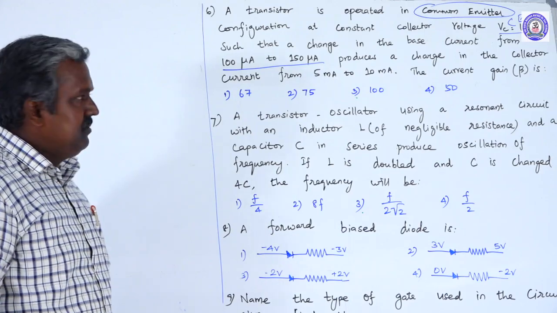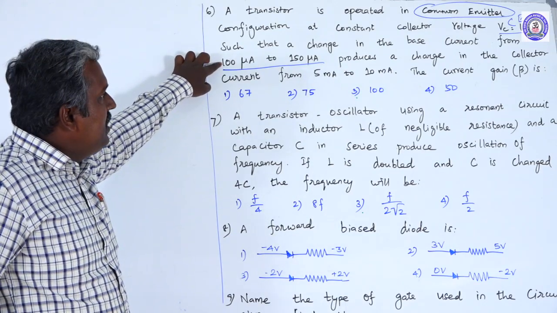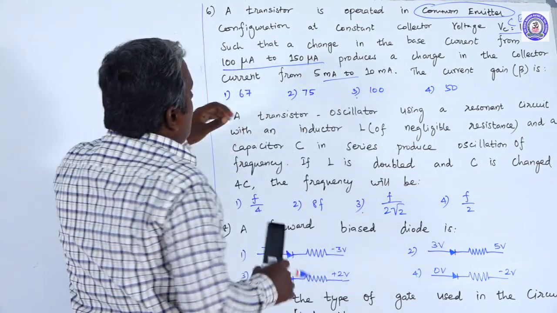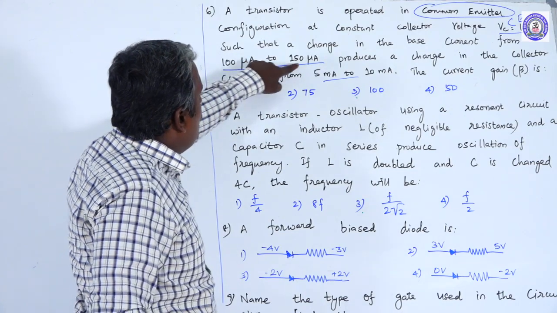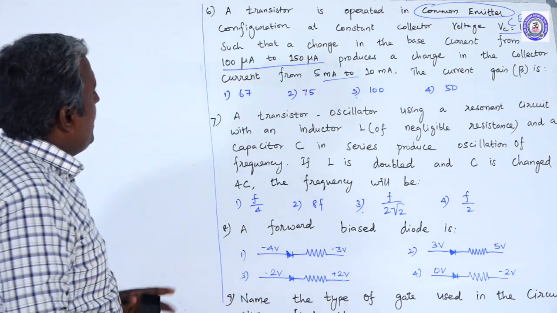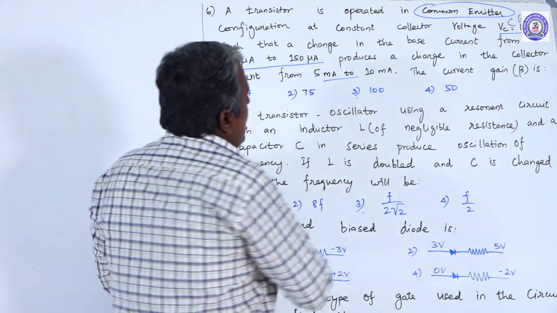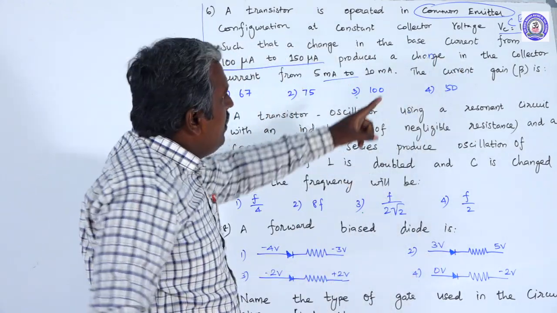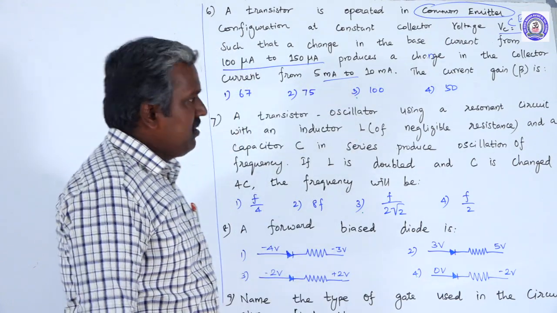Keep in mind. So base current changes from 100 microampere to 150 microampere, which produces a change in collector current from 5 milliampere to 10 milliampere.